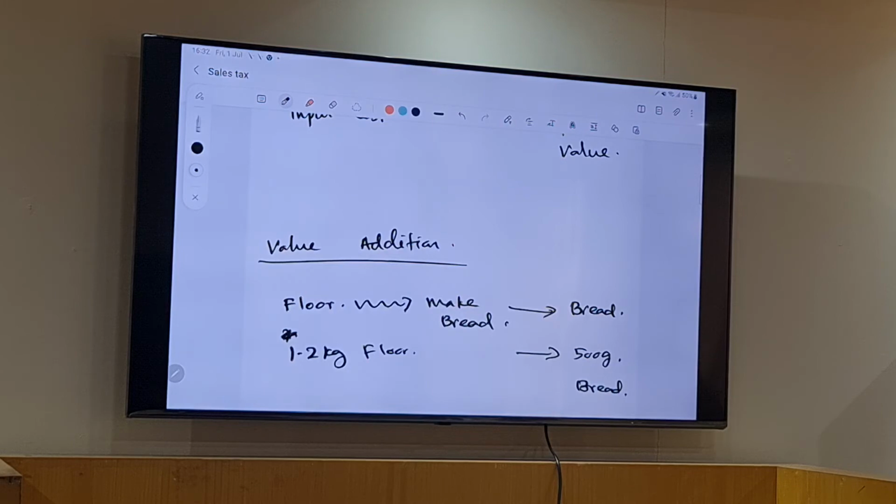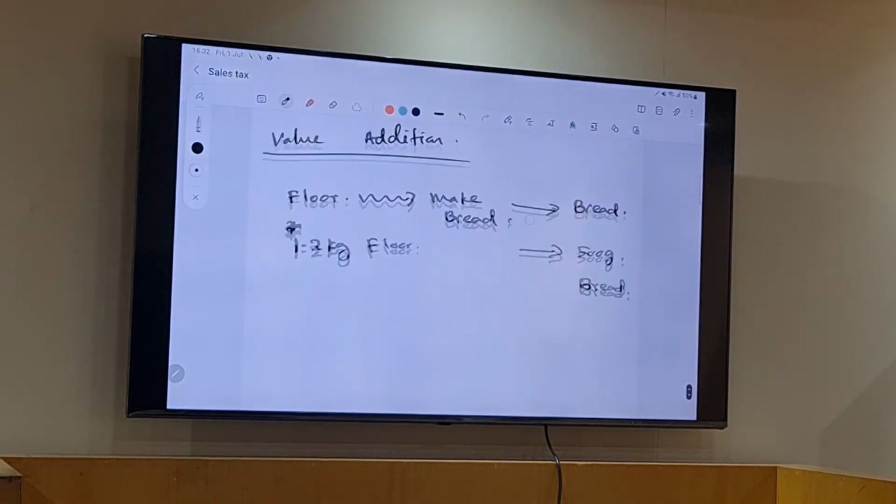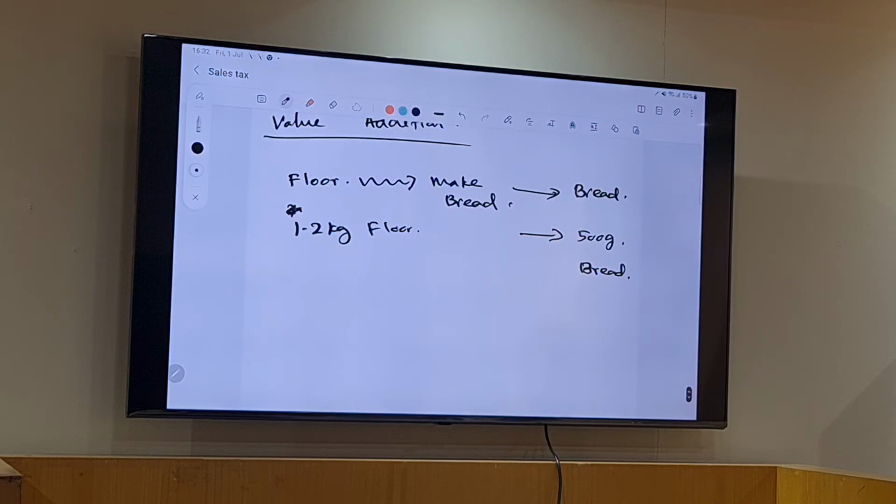Can we eat the flour? No, but the bread we can eat. So this flour has added certain value and is converted to bread. Let's say if you buy the flour for 1 kilo, you pay 5 riyals. If you buy the bread for 1 kilo, you need to pay 8 riyals.